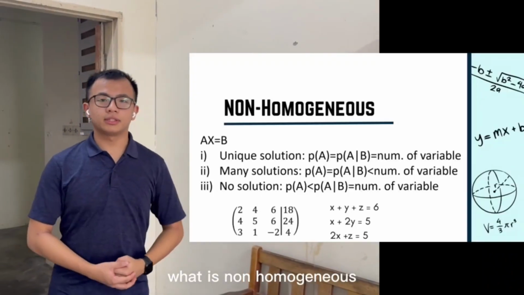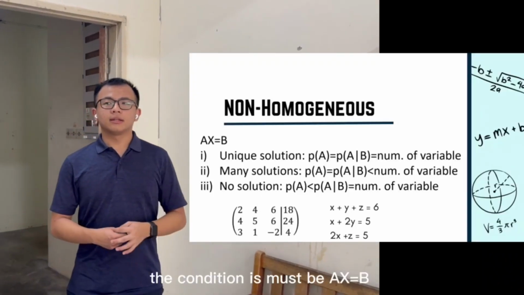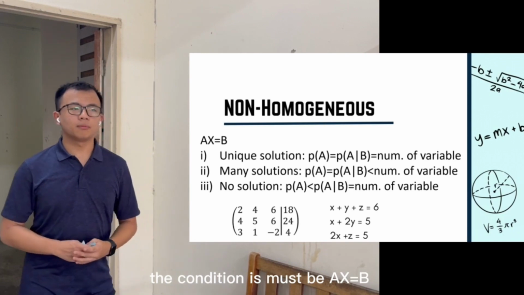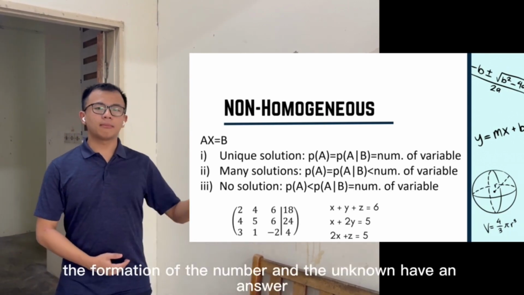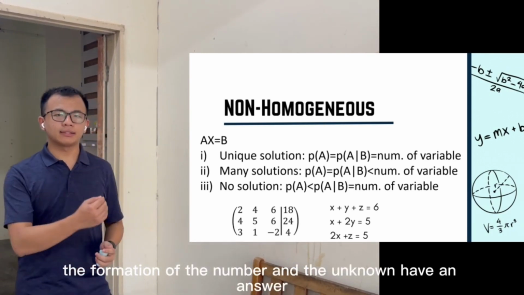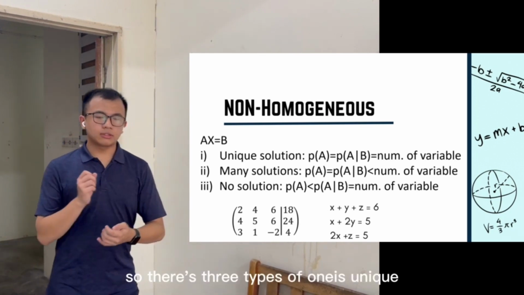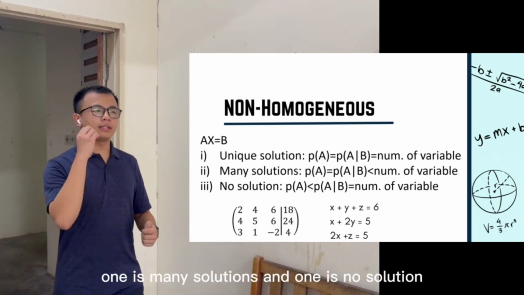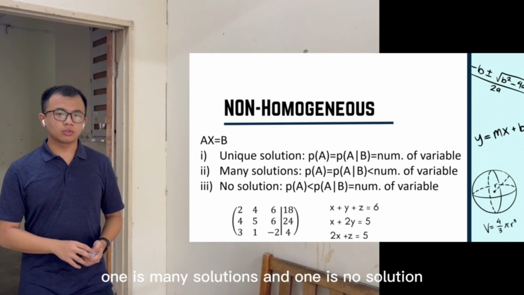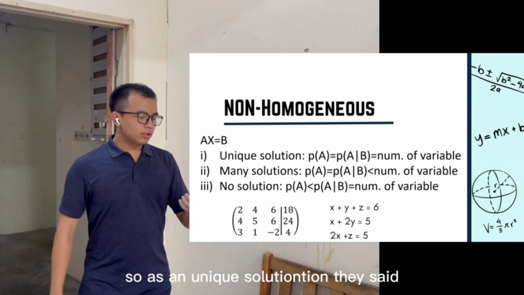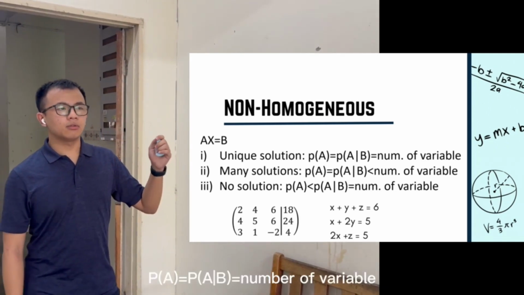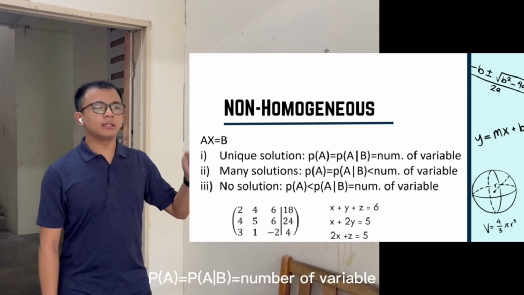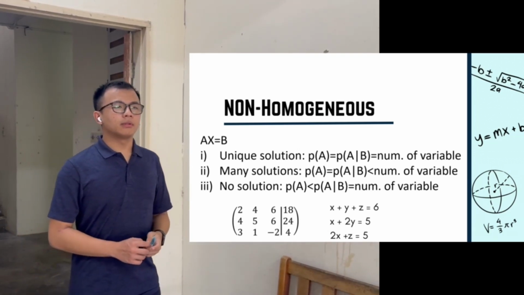Now, let us talk about the non-homogeneous. The condition for non-homogeneous is that AX must equal to B, so the combination of the numbers and the unknown must have the answer. There are 3 types of solution: one is unique, one is many solution, and one is no solution. For a unique solution, the rank of A must equal the rank of AB, and it must equal the number of variables.